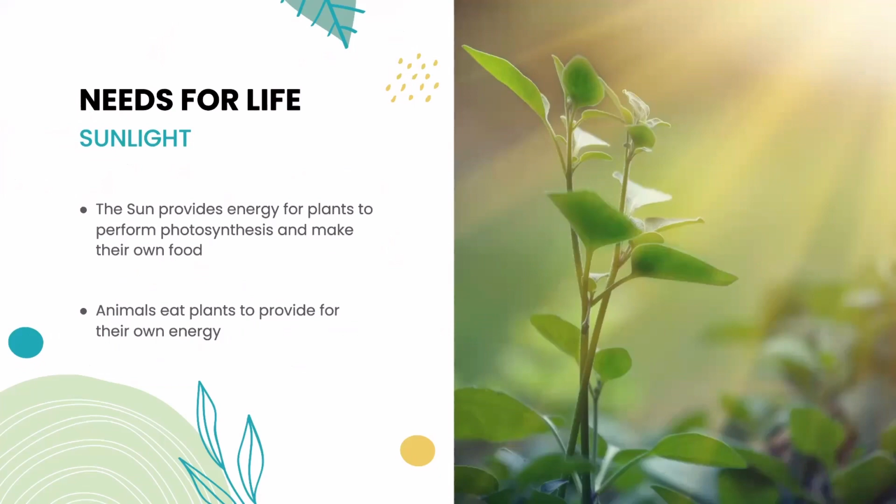Carnivores like lions get energy from the herbivores. So it all starts with sunlight, and then it goes to plants, and then animals, and then us. We're omnivores, meaning we can eat plants and animals. We will be going over photosynthesis in a later class, and it's a pretty cool process.